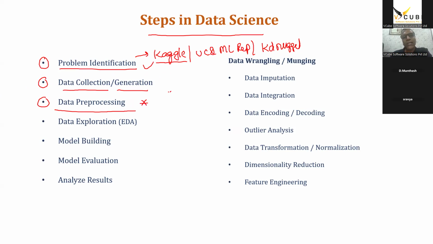Now, 60% of your entire software development lifecycle for machine learning or data science will be given to data pre-processing itself. After completion of data pre-processing, we will go for exploratory data analysis, where we will discuss univariate and multivariate data analysis.